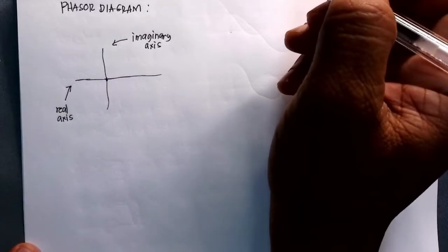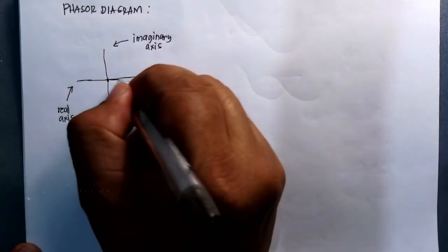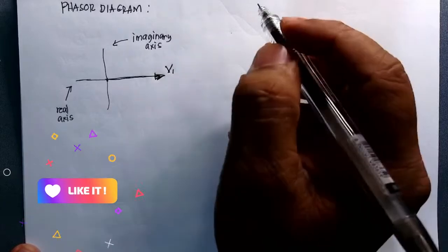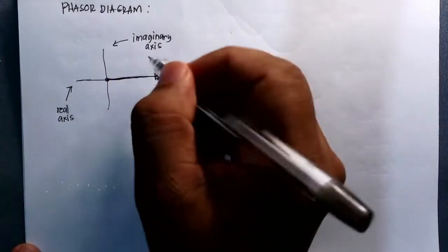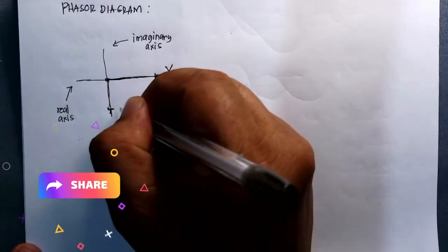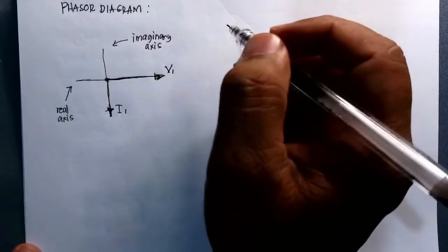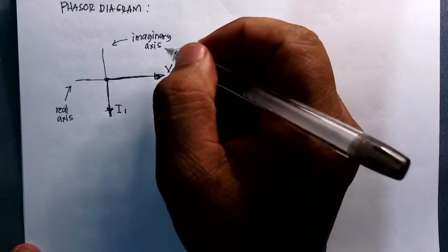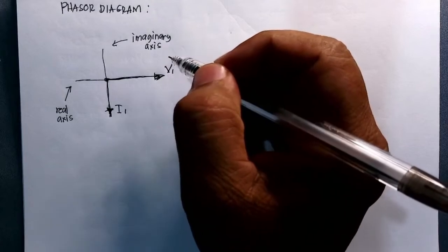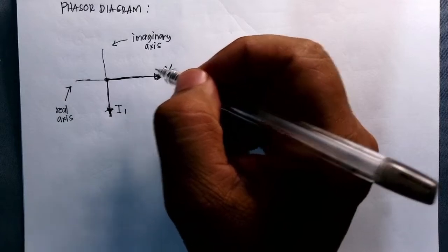Now, for instance, I have here a phasor diagram in which this is where my V sub 1 is, and the current is here, I sub 1. Voltages and currents can be frequently added or subtracted from other voltages and currents.